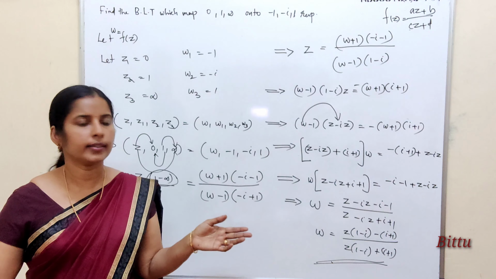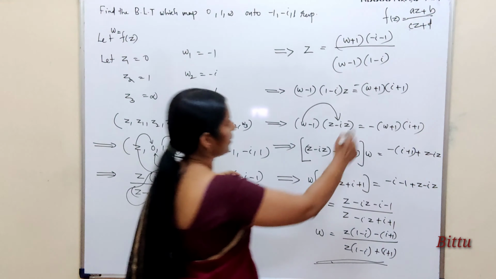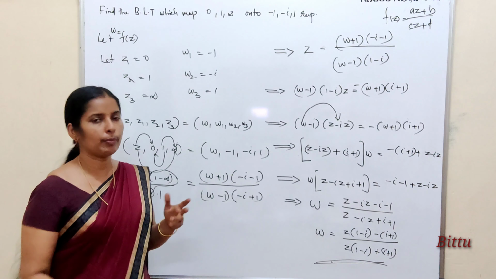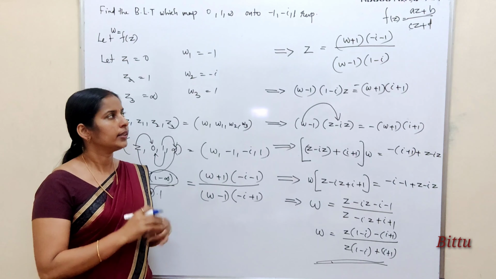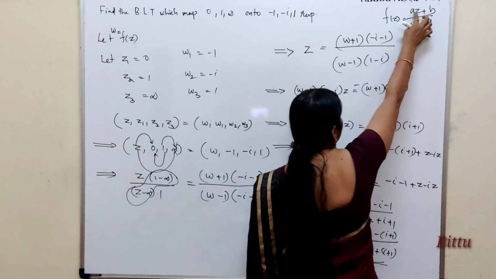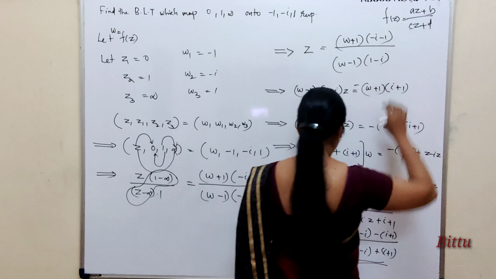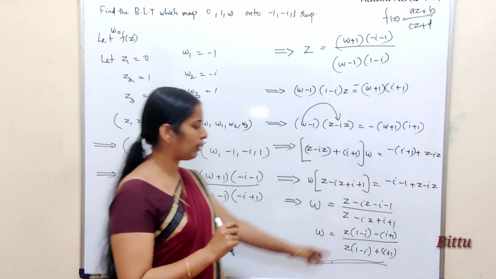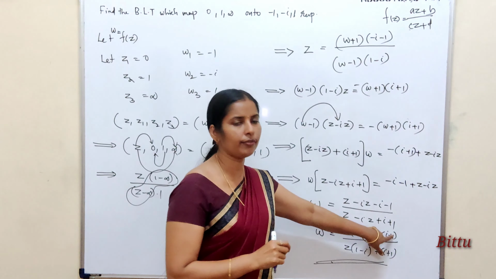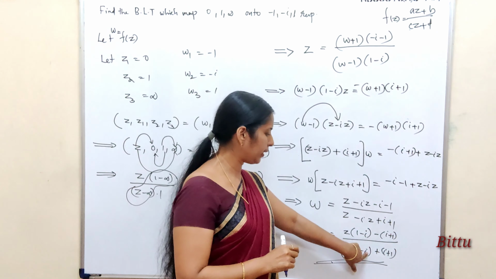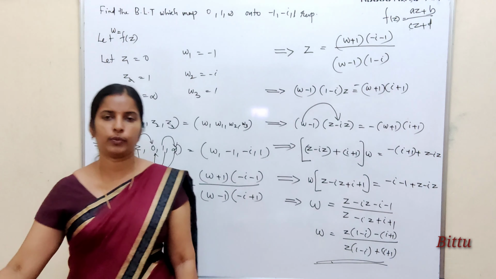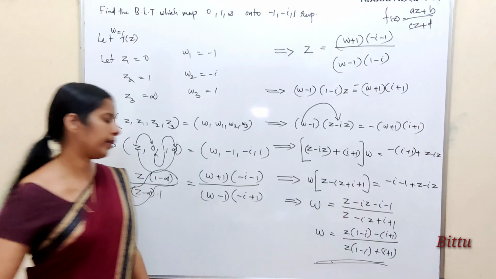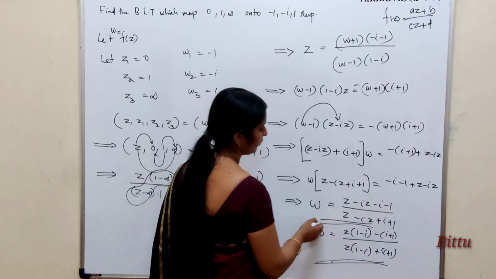I just noticed because the general form of the bilinear transformation is az plus b by cz plus d, where a, b, c, d are constants, maybe real or complex constants. See here in the numerator, it is az plus b, so you collect z terms. So z into 1 minus i. By comparing these two, you can see a is 1 minus i and b is minus of i plus 1. c is 1 minus i and d is i plus 1. Not compulsory for writing omega like this. We can stop here.